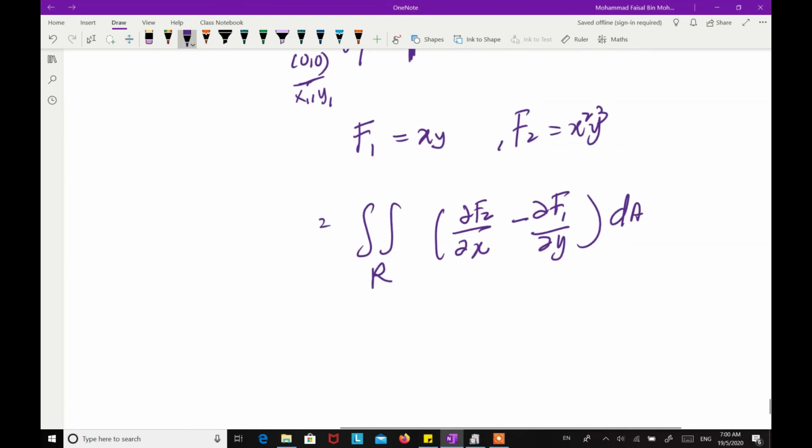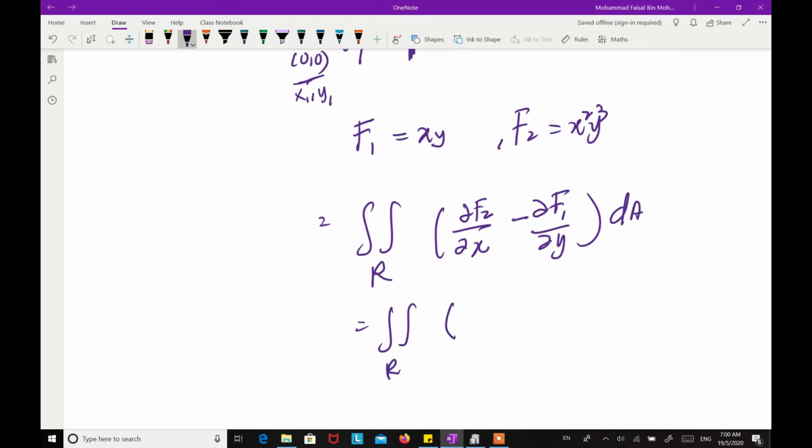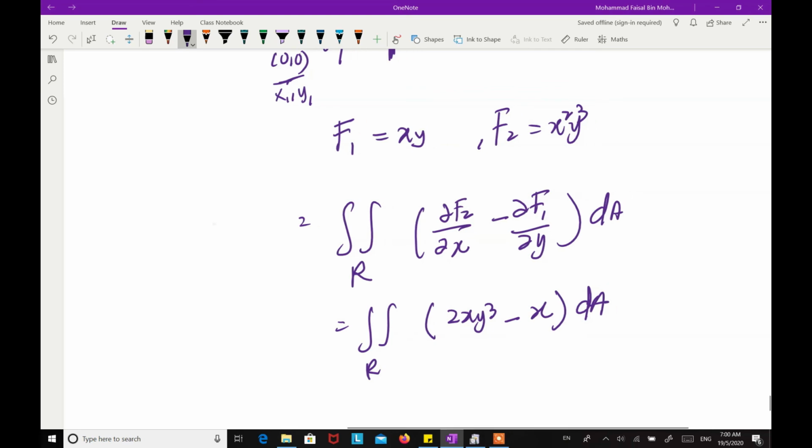Then we can write it as: differentiate del f2 with respect to x, y is constant, 2xy cubed, minus del f1 over del y, which is x, dA. For the limits, recall your double integral in chapter 3, and refer to the figure also. You can use type 1 or type 2.